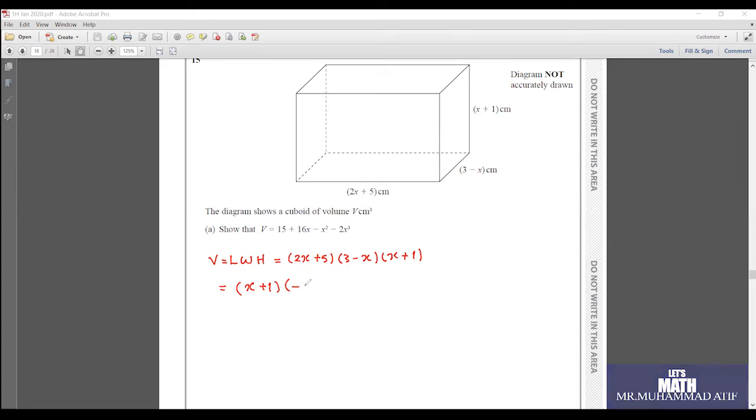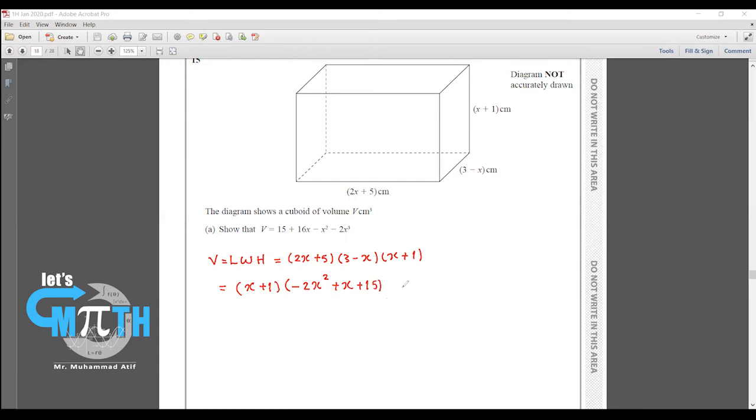That will be negative 2x to the power of 2 plus x plus 15. Then it will be negative 2x to the power of 3 minus x to the power of 2.